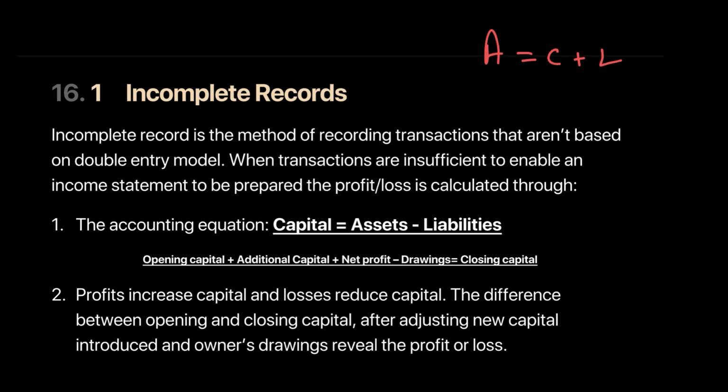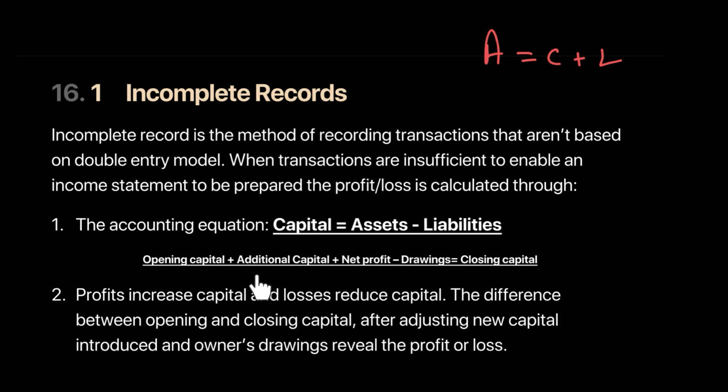And the difference between your opening capital over here and your closing capital should also be adjusted for the new capital introduced, and owner's drawings should reveal the profit or loss. So sometimes what can happen during MCQs is that they can give you information about opening capital. This figure will be given. You can also calculate your closing capital.